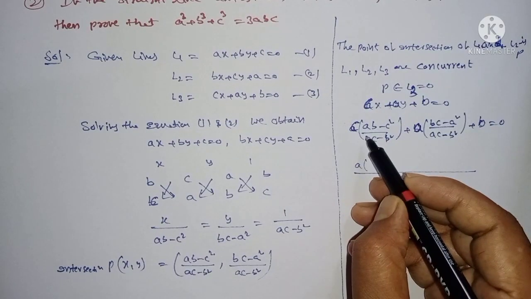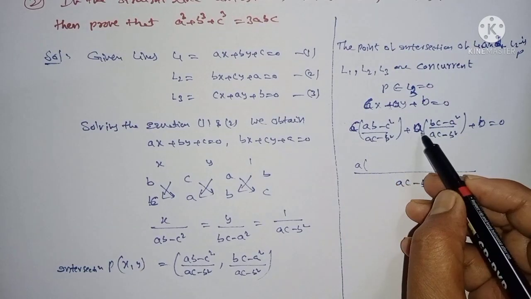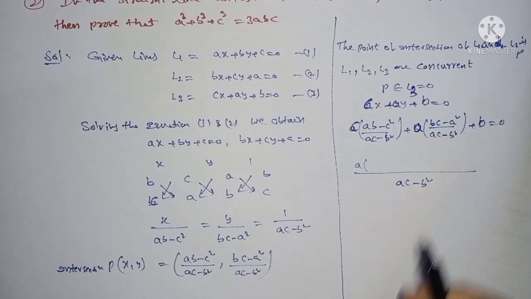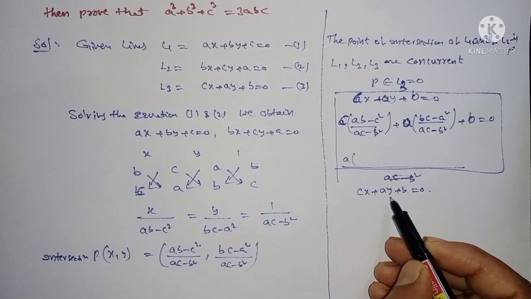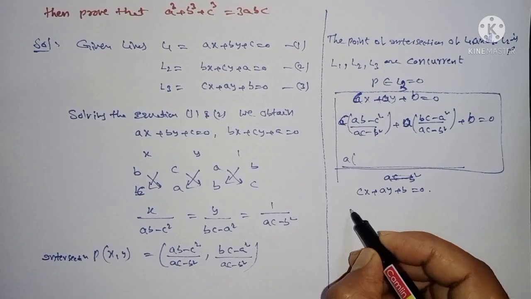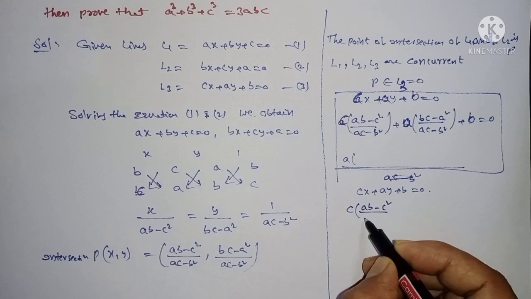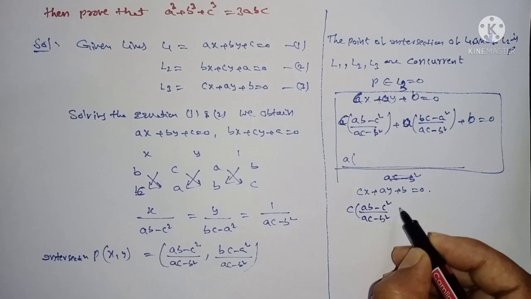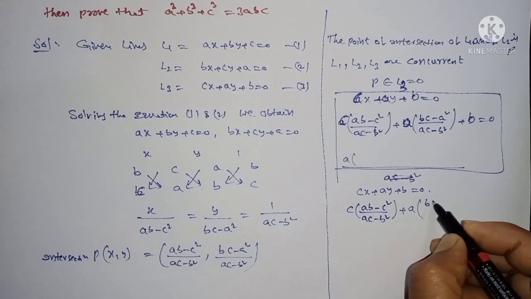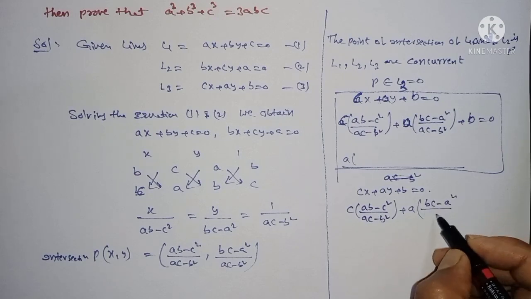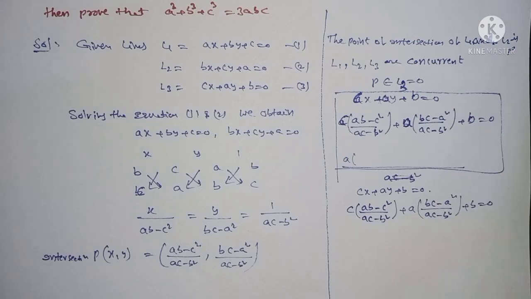Therefore c of ab minus c square by ac minus b square, plus a of bc minus a square by ac minus b square, plus b is equal to 0.